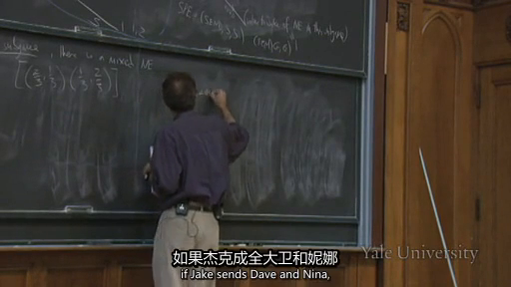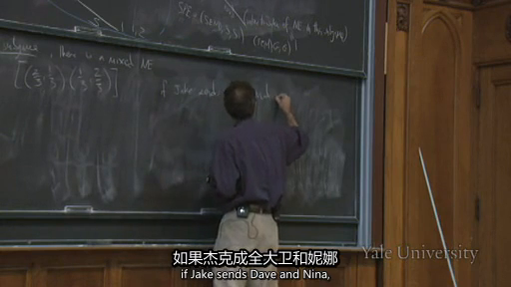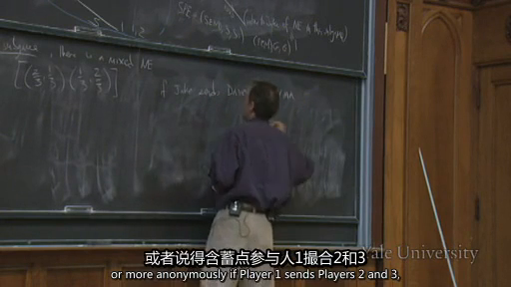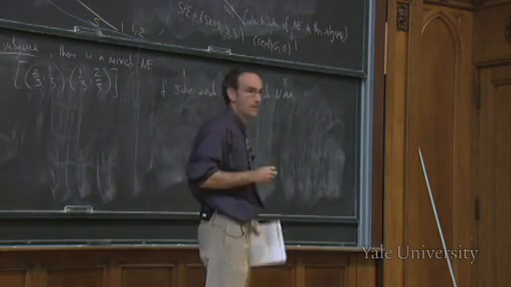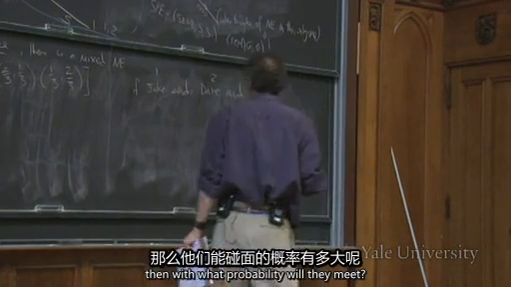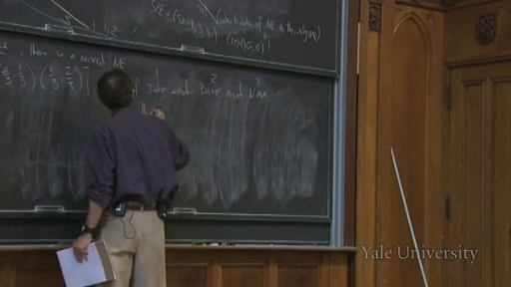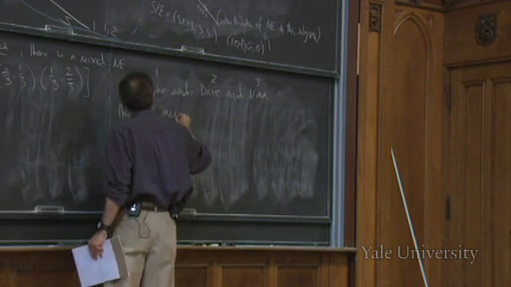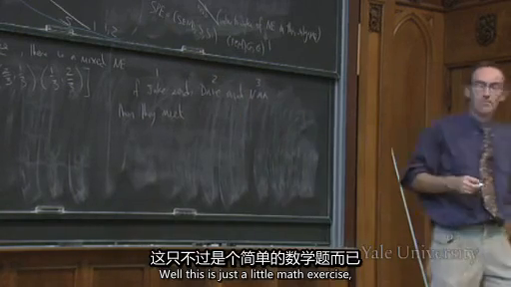if Jake sends Dave and Nina, or more anonymously, if player 1 sends players 2 and 3, then with what probability will they meet? Well, this is just a little math exercise.